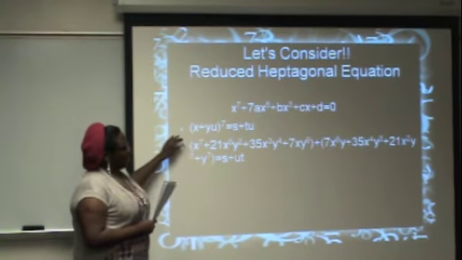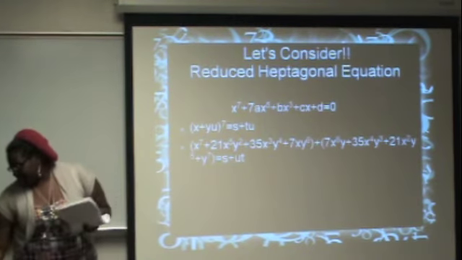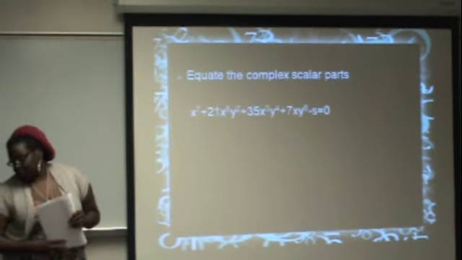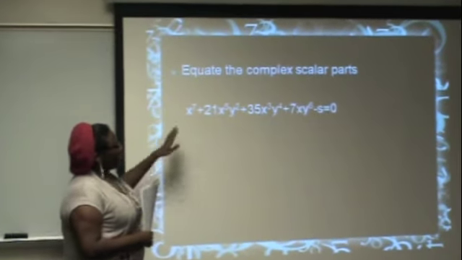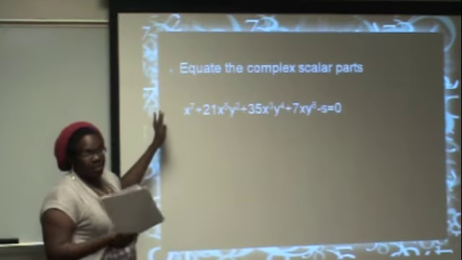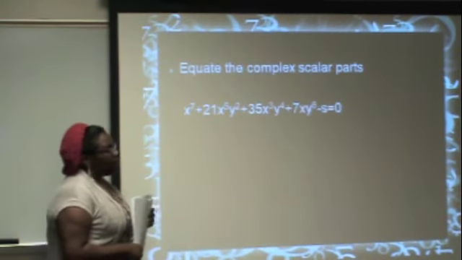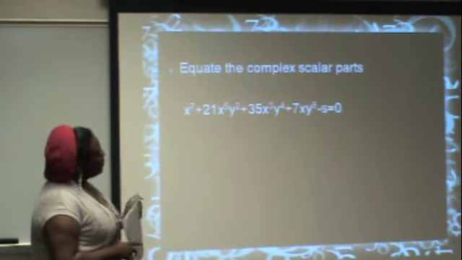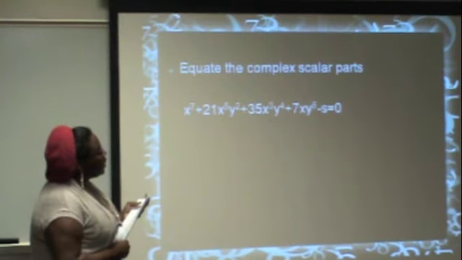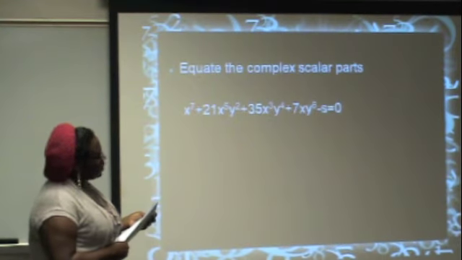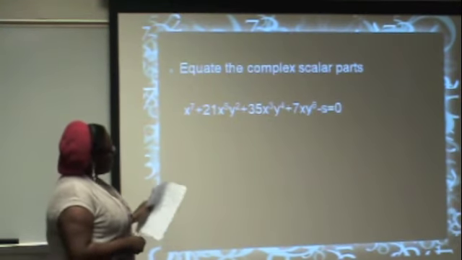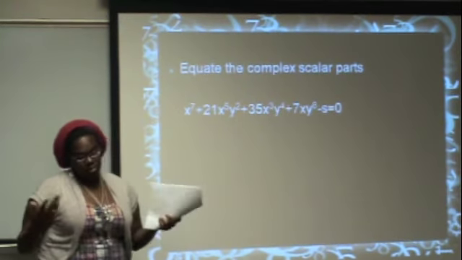From here we are able to separate our complex scalar part, which will be the very first part without the u. We have x to the 7 plus 21x to the 5th y squared plus 35x cubed y to the 4th plus 7x y to the 6th minus s equals 0.